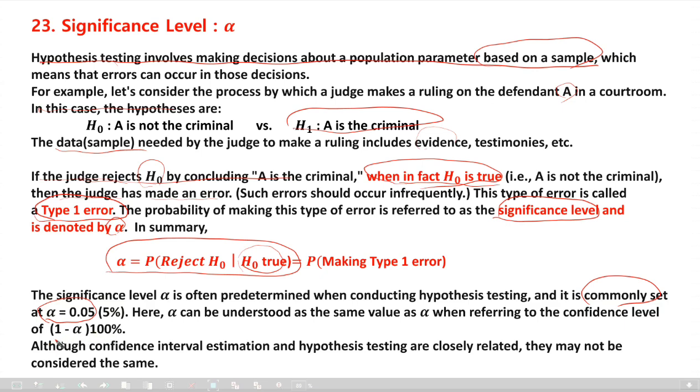That's why when we study confidence level, the confidence level is 1 minus alpha times 100%. Although confidence interval estimation and hypothesis testing are closely related, they are not the same. The theory of testing hypothesis is based on estimation.